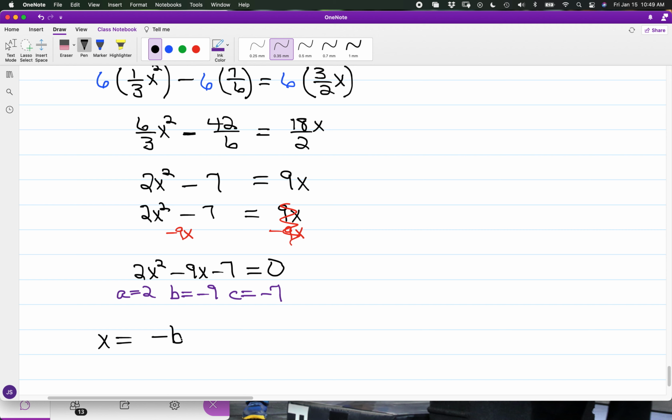And we have, with the quadratic formula, x is equal to negative b plus or minus the square root of b squared minus 4ac, all over 2a. And we have it with direct substitution.